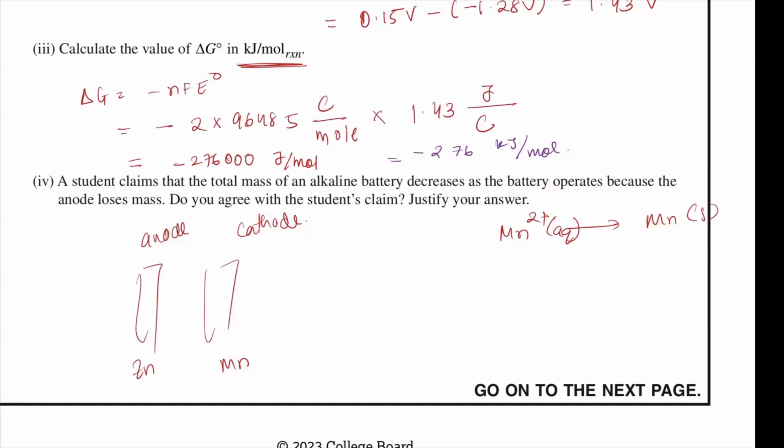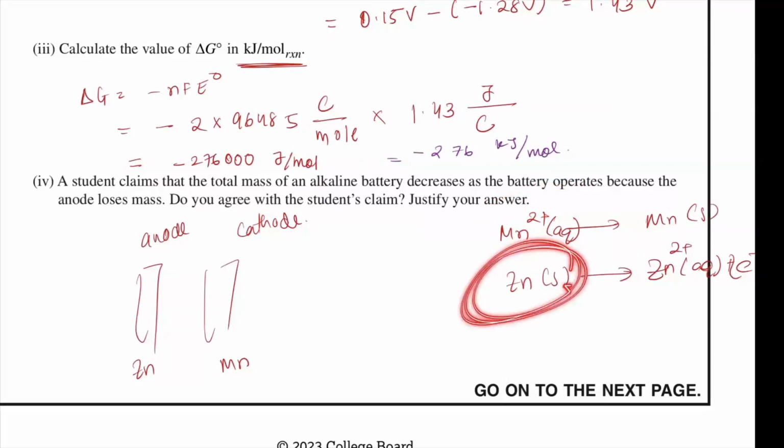And the zinc, which is our anode, gets oxidized. Let's say this is just zinc solid, and it gets oxidized to become Zn2+ aqueous plus 2 electrons. So in this case, you can see that zinc solid, which is mass, is converted into aqueous, which means it's just in the solution.